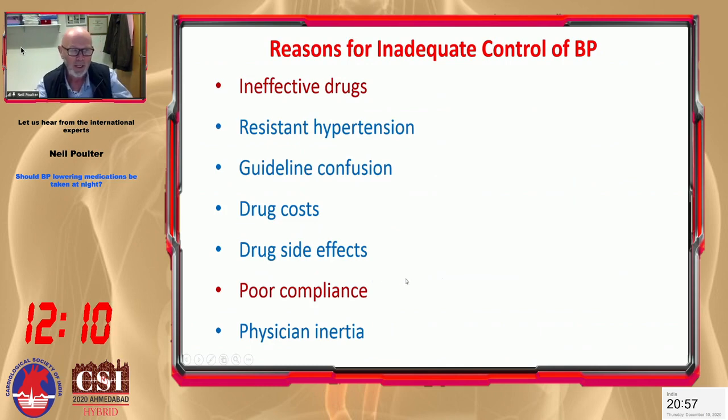Now, I've put here a list of 7 reasons why we don't control blood pressure very well, and highlighted 2 of them which relate, I think, to this issue about when to give the tablets. Have we got ineffective drugs? Would the timing of the drugs affect their efficacy? And secondly, would the timing of the drugs affect compliance?